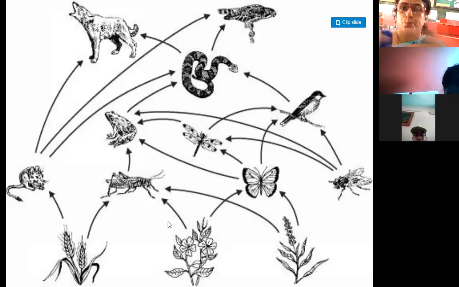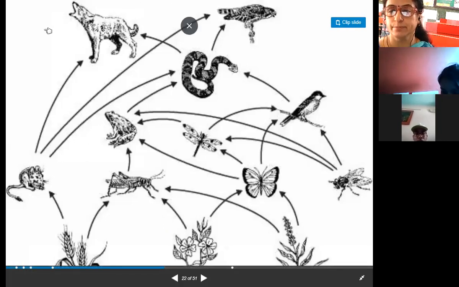Now, when these food chains are interlinked, the food chain can be termed a food web. What will it be called? Food web, right?